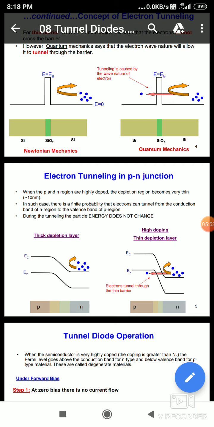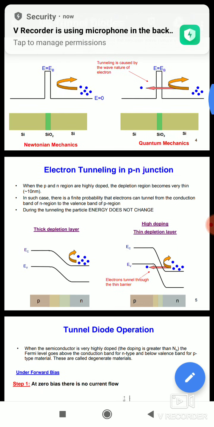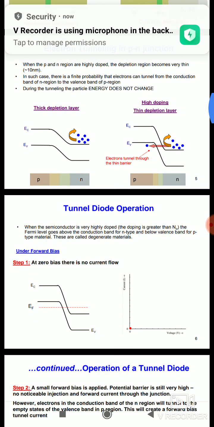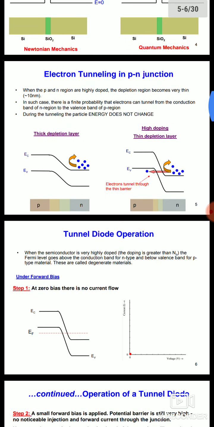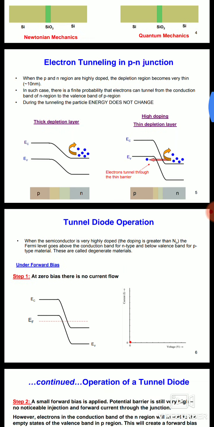In tunnel diode, the valence band and the conduction band energy levels in the n-type semiconductor are lower than the valence band and the conduction band energy levels in the p-type semiconductor. Because of this, the conduction band of the n-type material overlaps with the valence band of the p-type material, which is shown in the figure of electron tunneling in the p-n junction.